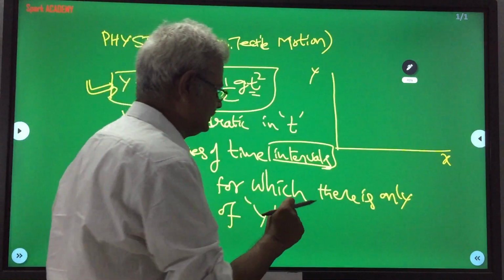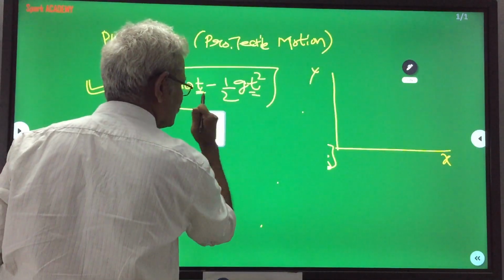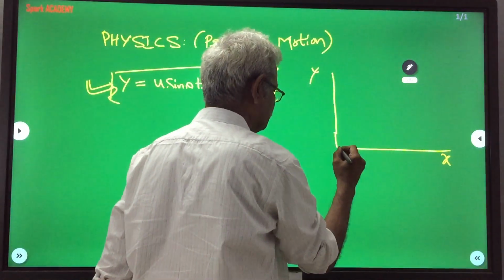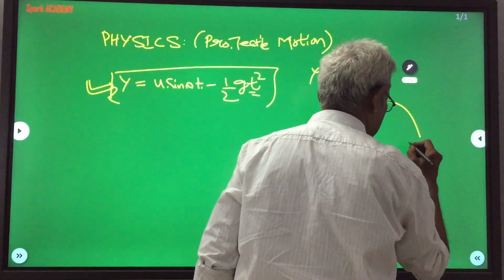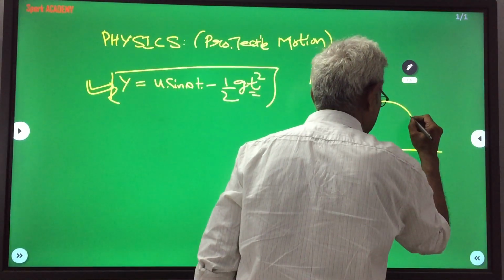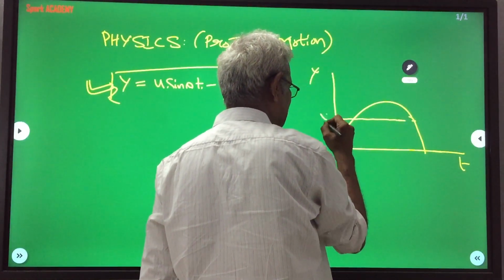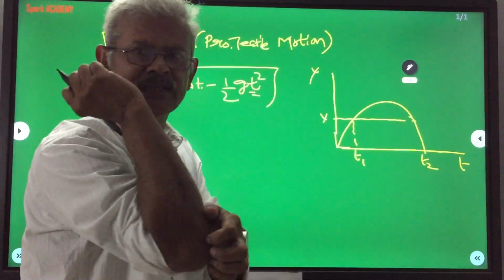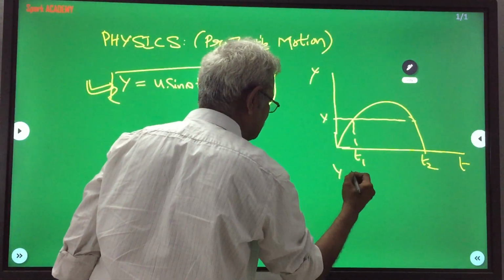How to get that, sir? Here it should be what? Then that means this is the value of y for which there are two time intervals. Understood? So we'll take y is equal to h.